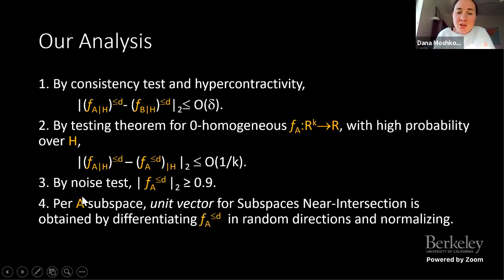So the majority of the analysis now is just to show that from degree D parts, you can actually get unit vectors that are similar. We do that by differentiating the degree D part something like D times, until we get unit vectors. But this is it. This is the entire outline of the analysis.